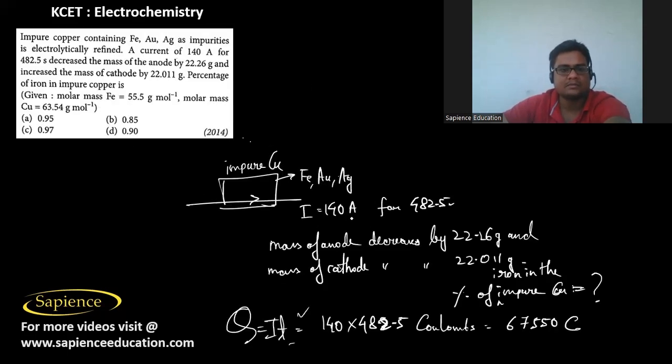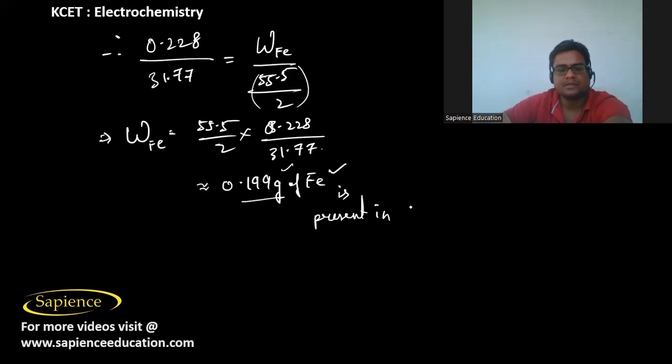in 22.26 gram of the impure copper sample.